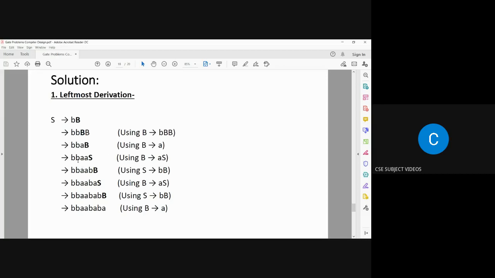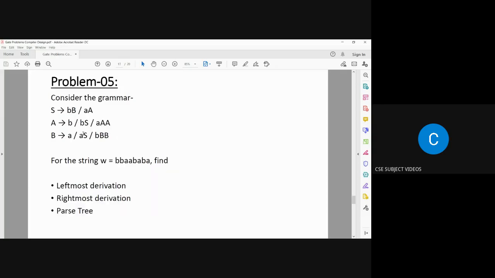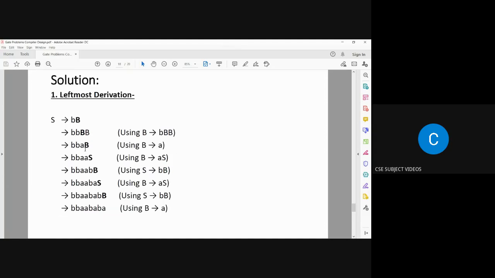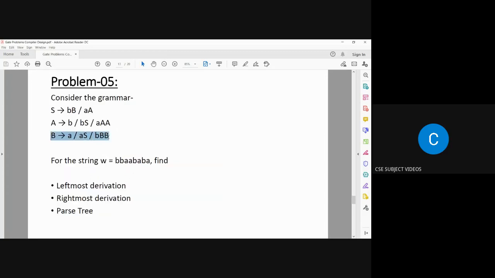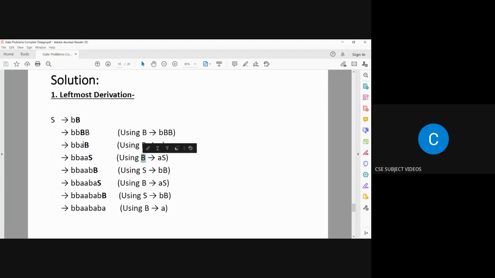And then according to our third production, we replace this B by AS. B derives AS.